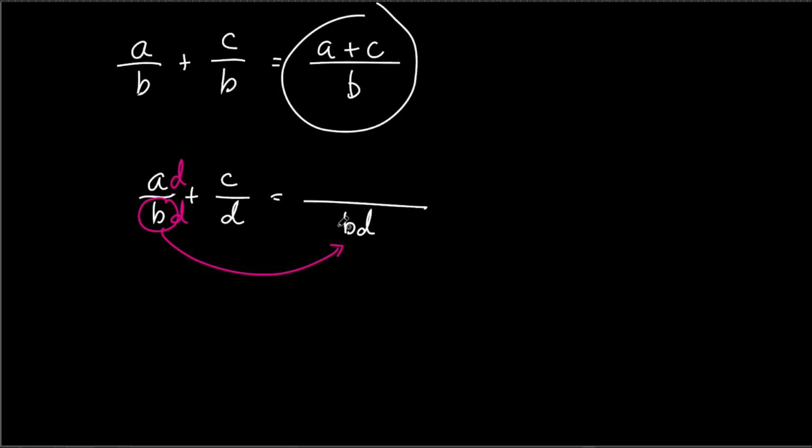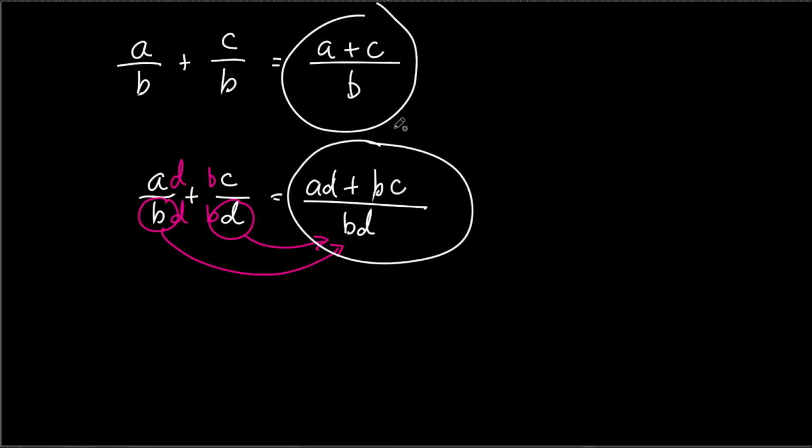Before I write it down, let's do this one. What did I multiply this D by to get to this denominator? A B. So if I multiply this by B, I multiply that by B. Now we're ready to get our answer. What's our top? AD plus BC. And that would be the answer to something like that.